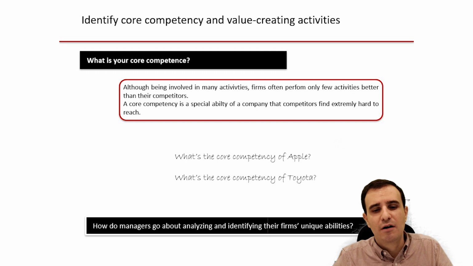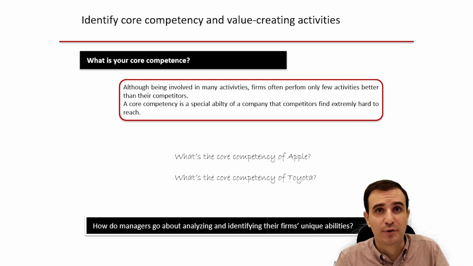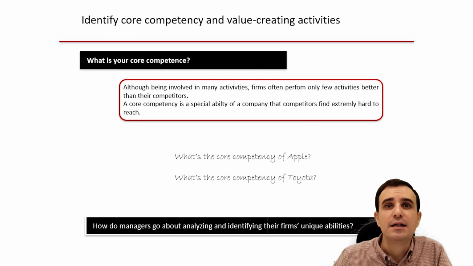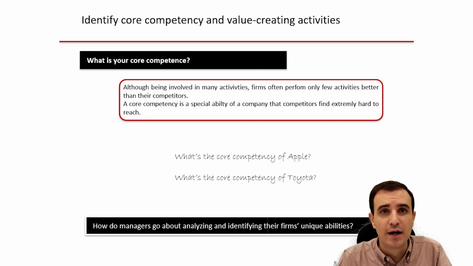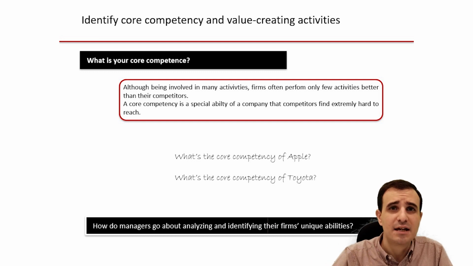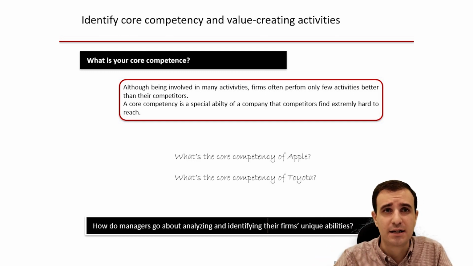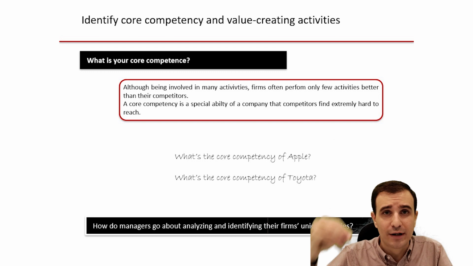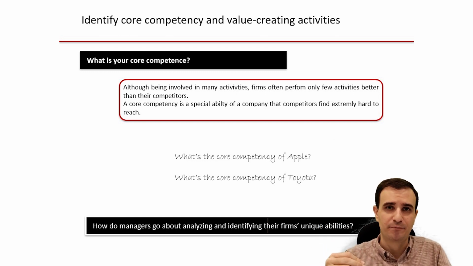What is the core competency of Apple? Or what is the core competency of Toyota? So these are two landmark firms, famous firms, and they do have different core competencies. We actually even see that the core competencies evolved or even changed over time.